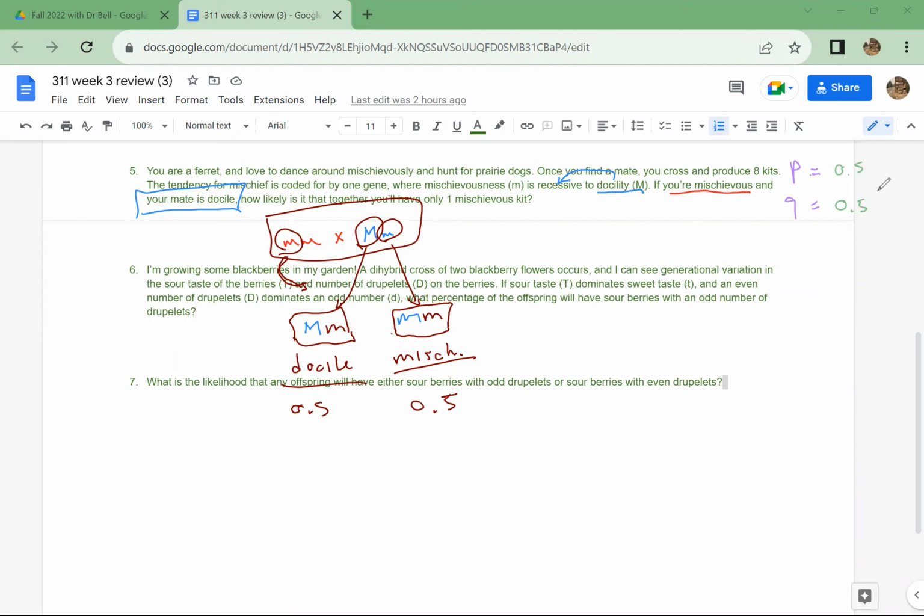I'm going to say for this problem that P is the probability of an offspring being mischievous, and Q represents the probability of being docile. Hooray, so we have that out of the way, and it's very nice and clean, 50-50.